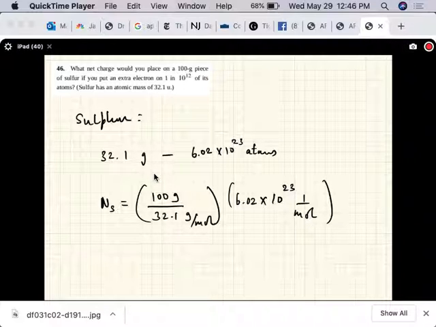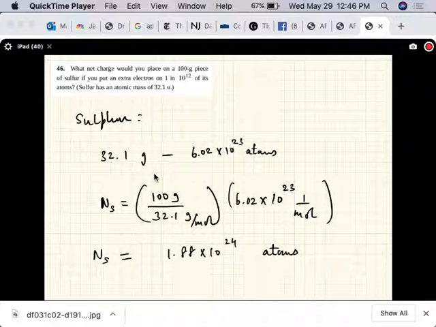Okay, and this works out to that's how many sulfur atoms you have.